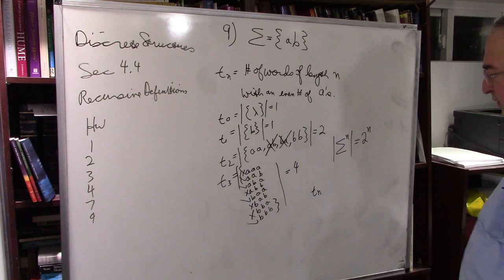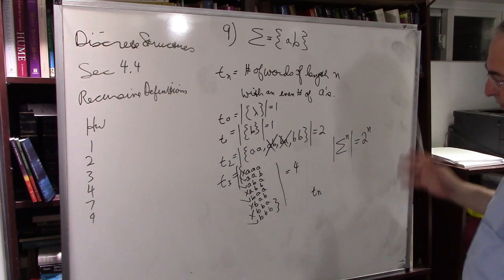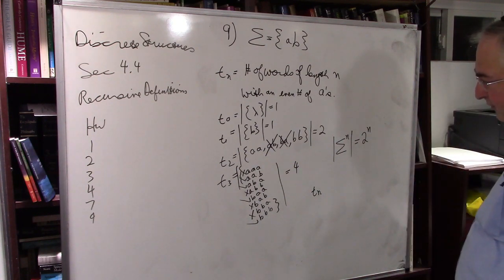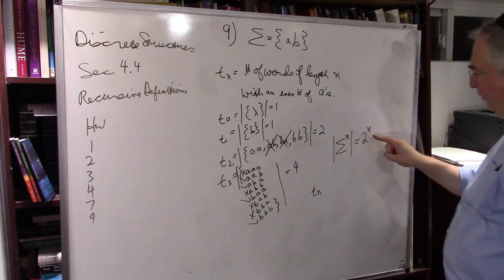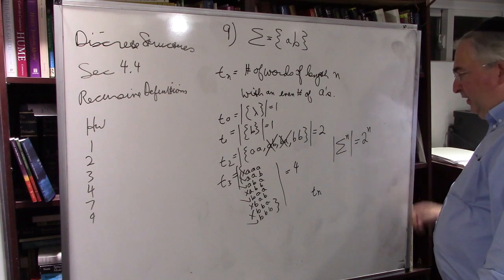There's 4 of them. Half of them are going to have odd and half of them are going to have even. If you look at all the words of length n, half of them will be odd and half of them will be even.